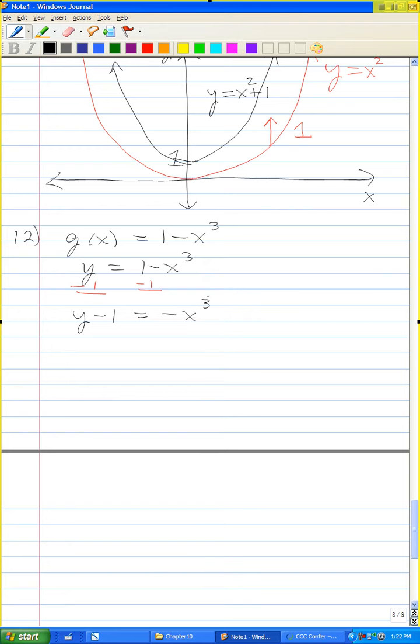Okay, so this says that I should translate the graph of y equaling negative x cubed. Let's see, I'm subtracting 1 from the y, so I should go up 1 unit.